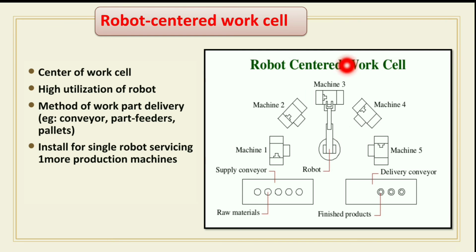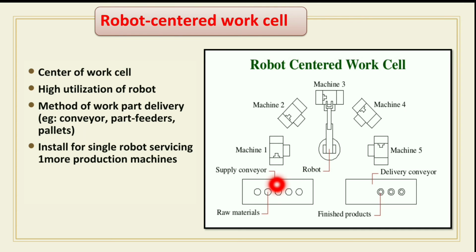Such a work cell is known as a robot-centered work cell, meaning the industrial robot is placed directly at the center of the work cell, and all the different machines are arranged in a circular manner around the robot.